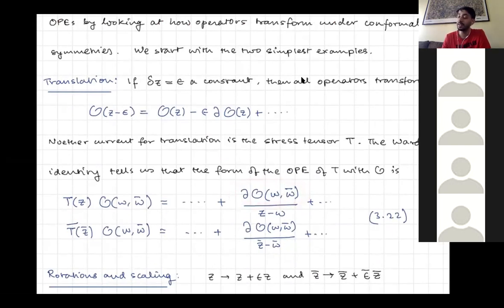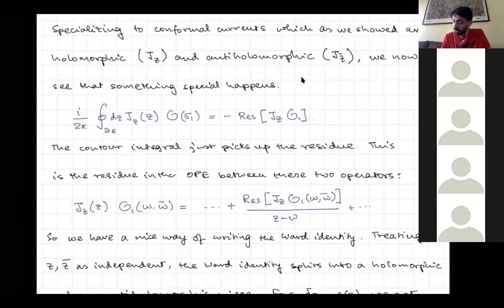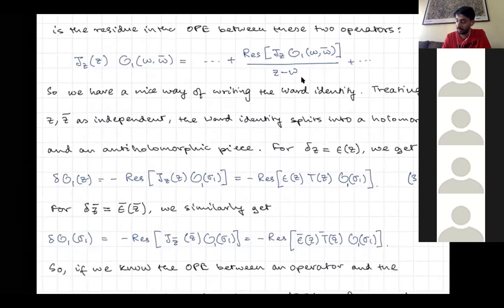You just insert this: you take epsilon equal to a constant and insert it here, so the epsilon goes out. The change here is going to be given by the residue of T of z with O1. And you know that delta of O1 is del O1.